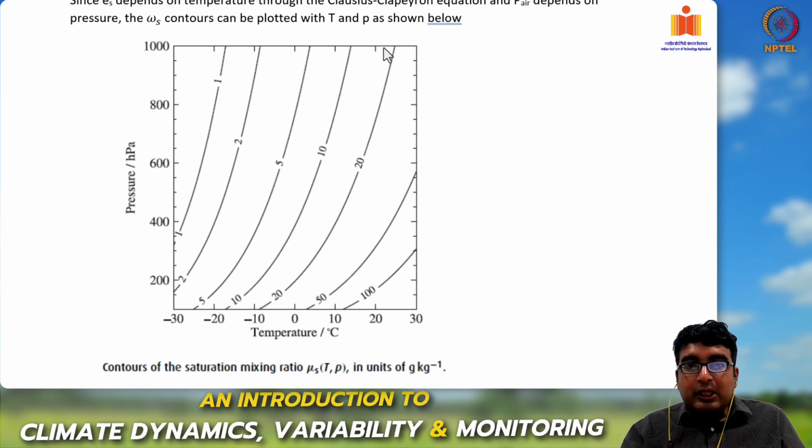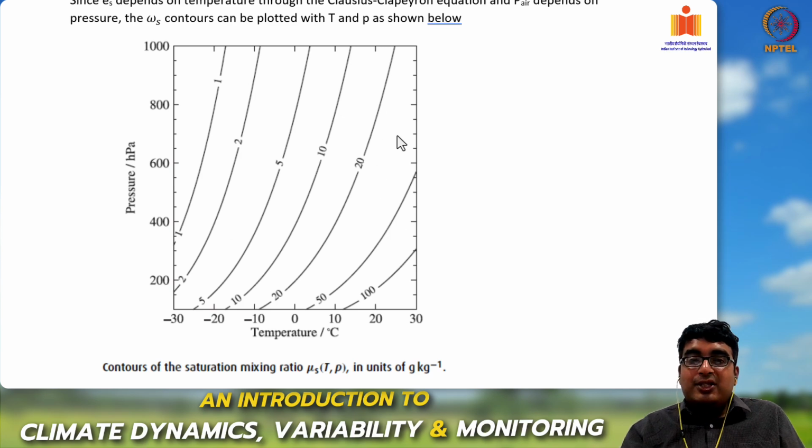Okay. At 20 degrees centigrade, air can hold 20 grams of water vapor per kg of dry air at around 900 hectopascals. Okay. While it can hold 50 grams of water vapor at around 400 hectopascals.